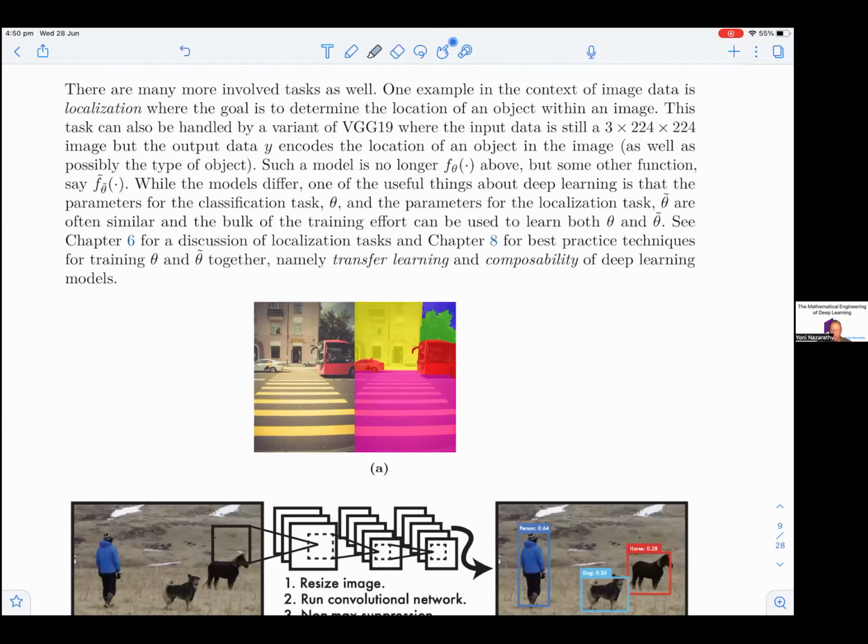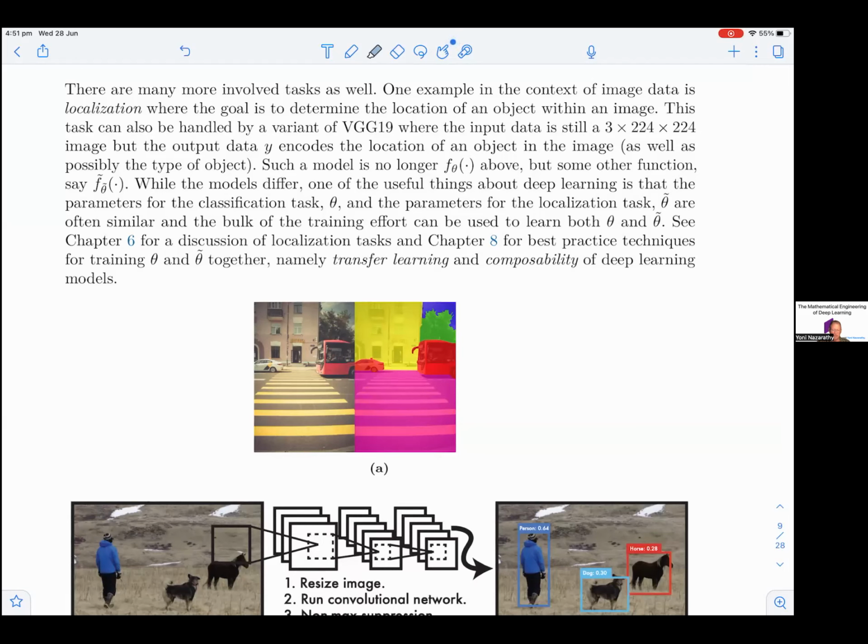Such a model is no longer f theta above, but some other function, say f tilde theta tilde. While the models differ, one of the useful things about deep learning is that the parameters for the classification task, theta, and the parameters for the localization task, theta tilde, are often similar, and the bulk of the training effort can be used to learn both theta and theta tilde.